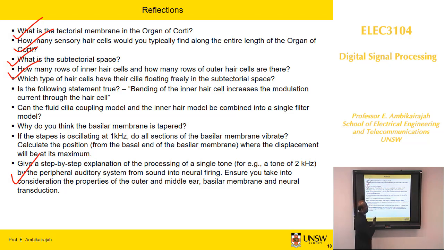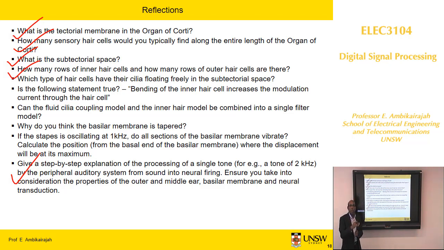Okay, that's all for the part A lecture. Just a little bit of introduction to the human auditory system, the anatomy and how it works. So, in summary, you are going to think of a pressure wave being converted into a fluid traveling wave.